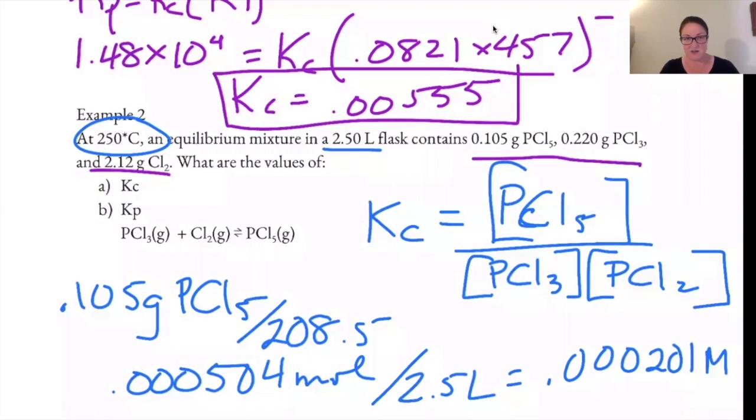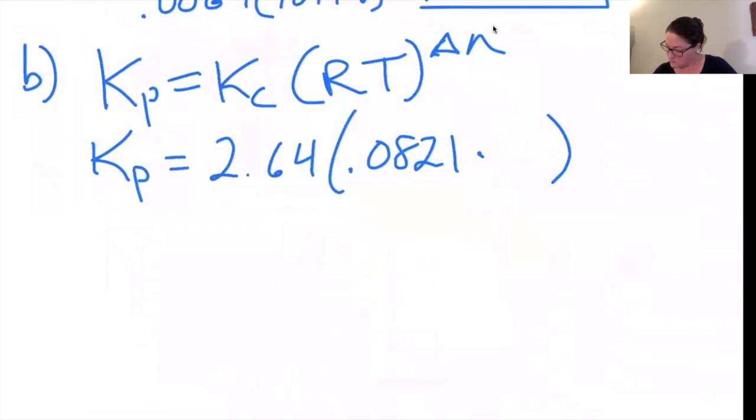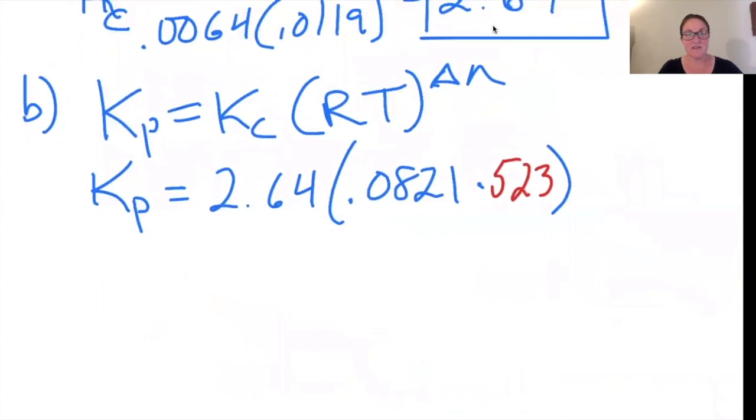Temperature, 250 degrees Celsius. 250 degrees Celsius plus 273 gives 523 Kelvin. So we can plug that in. And I need delta N from the reaction.